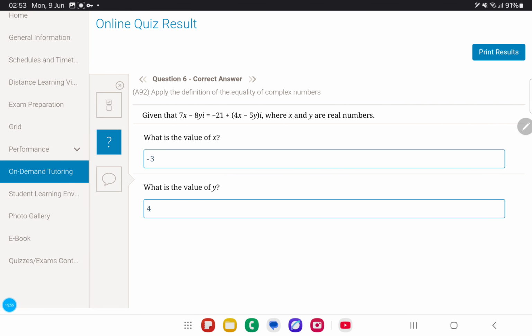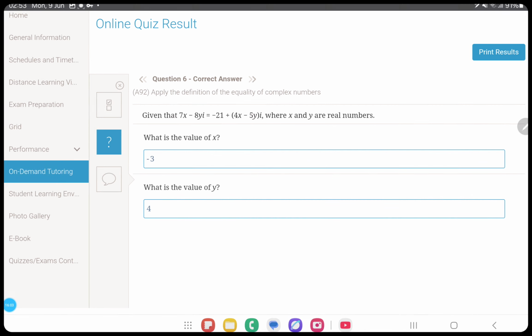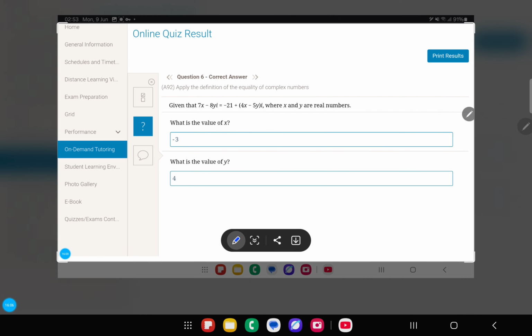Now for question 6. They want us to find the value of x, where x and y are real numbers. Okay. So what we're gonna do here, when you get questions like these, always separate the complex and the real numbers, okay? So now they want you to find the value of x, which is a real number. So you only solve for real numbers. You got 7x here, this is the only real number here.